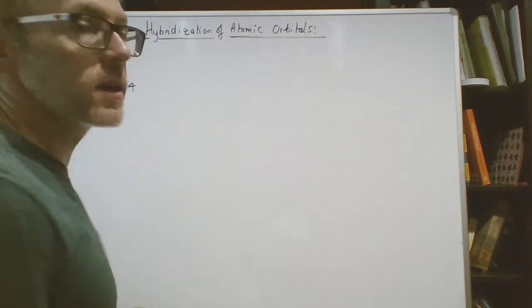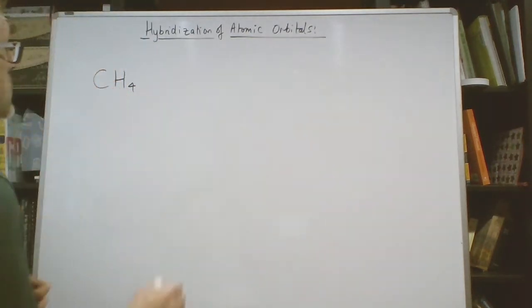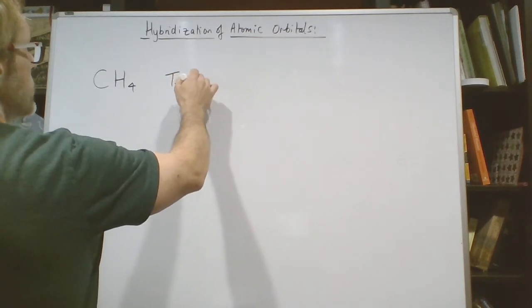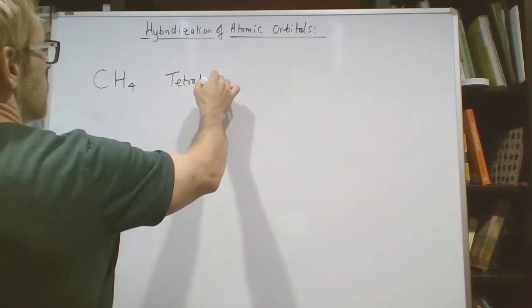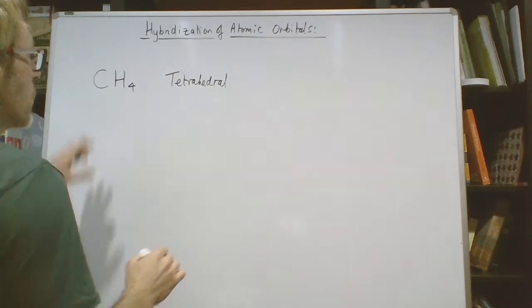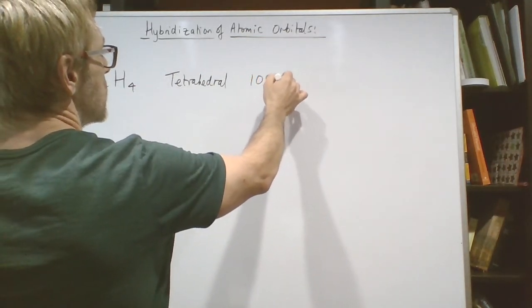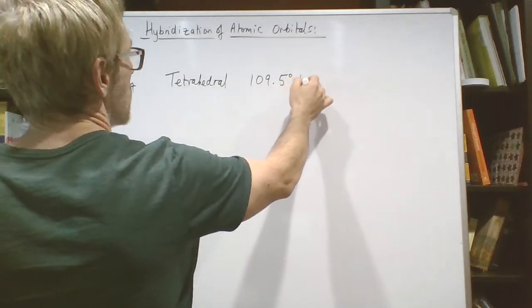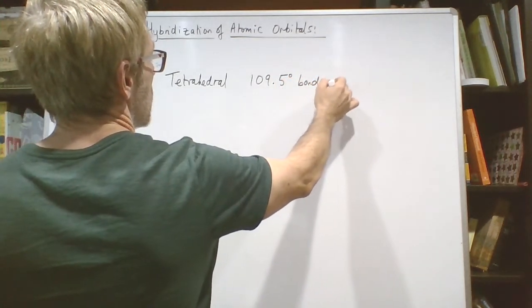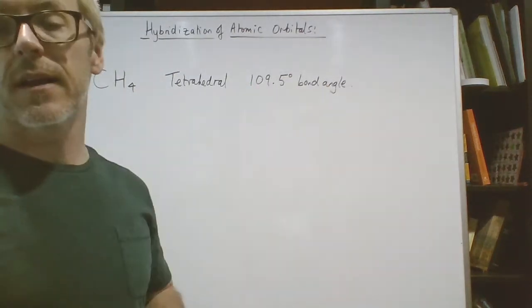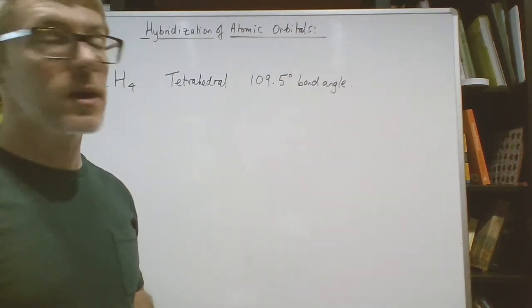So a methane molecule, we know that this molecule is tetrahedral. We know that the bond angle is 109.5 degrees. So we know that this bond angle comes right out of VSEPR theory.